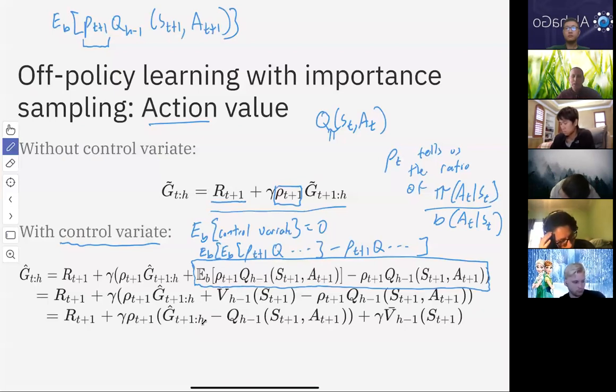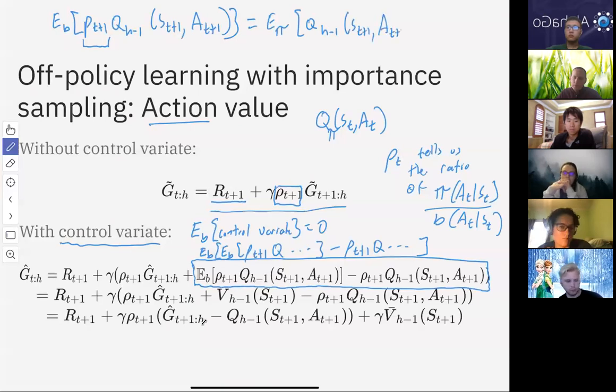And so what we had said was if we use this importance sampling ratio, we could then adjust from a different distribution. So we're moving from the distribution according to B to the distribution according to pi. Does that make sense? Any questions on that? You remember doing that? Okay.